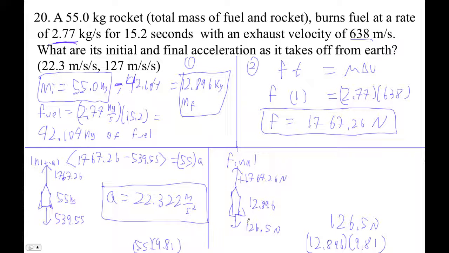So this is upward, that's downward, now we're set, right? 1767.26 minus 126.5 is equal to 12.896 times a. Okay, let's see if I can find that. There we go.